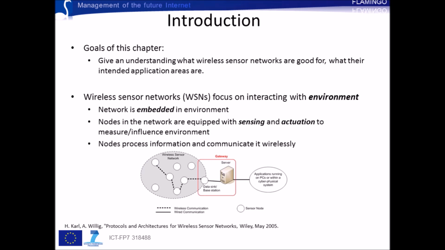Those sensors measure environmental data such as temperature, gas concentration, pressure, brightness or humidity, among others, and transmit their data to a central unit, usually called the sink. This central unit is marked here in red, called the gateway, which consists of a node wired connected to a server.